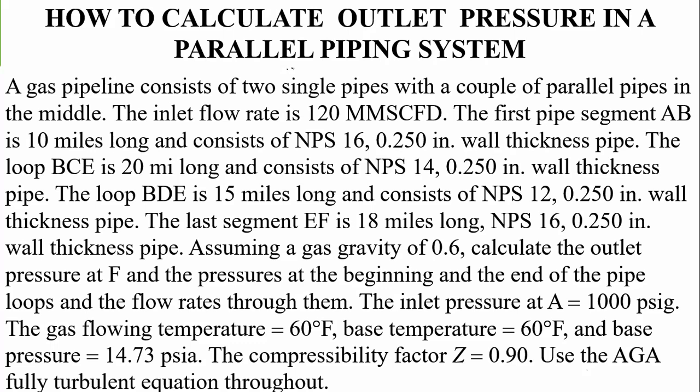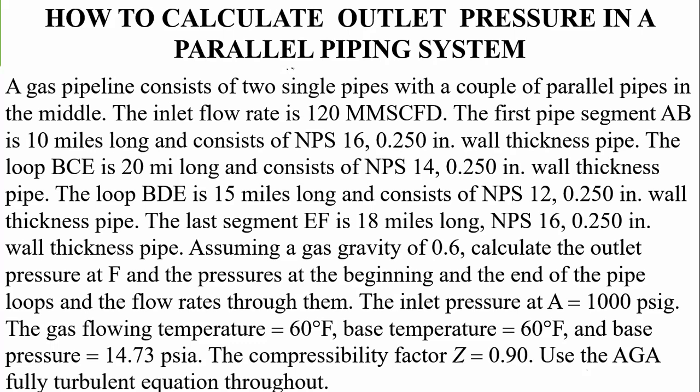Calculate the outlet pressure at F and the pressure at the beginning and the end of the pipe loops and the flow rate through them. The inlet pressure at A is equal to 100 psig.